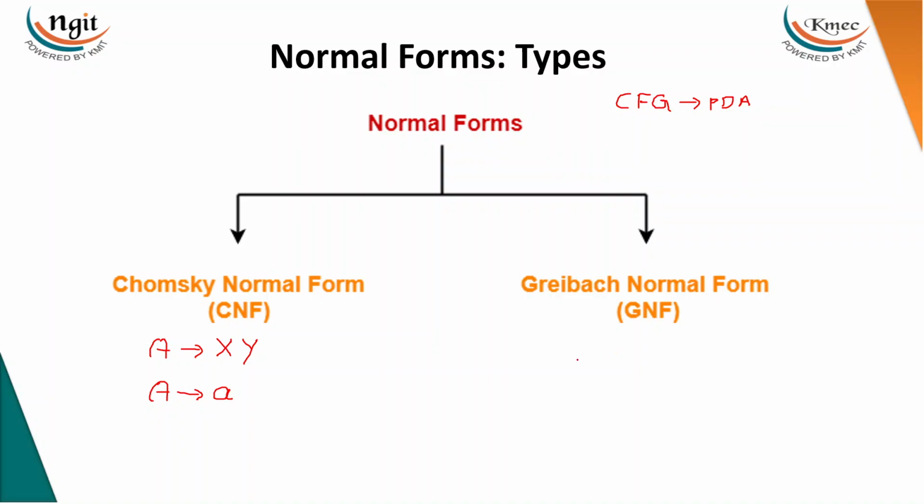When it comes to Greibach normal form, every production must be in the form A tends to a N star, where N is the set of non-terminals. The left hand side is only one non-terminal.